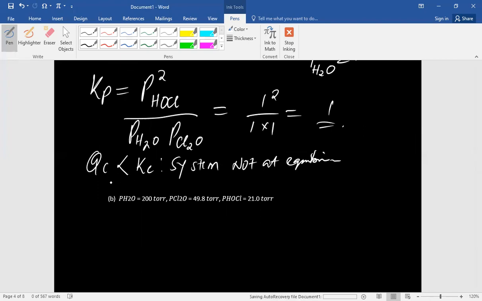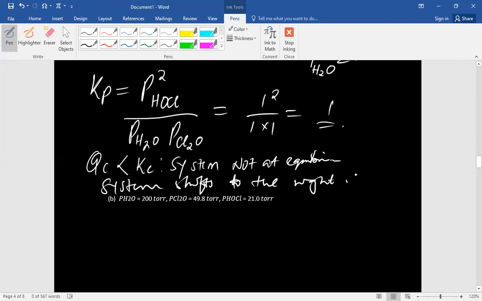For the shift, you look at where the arrow is pointing. This is pointing to the Kc side, and the way you're looking at it, obviously it's on your right hand side. So the system shifts to the right, to the product side.